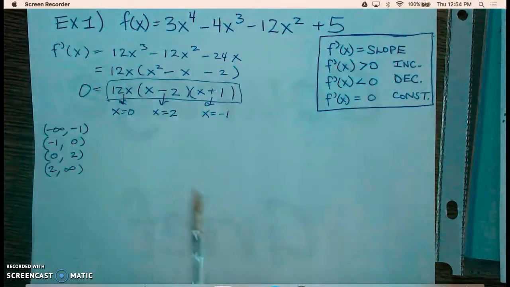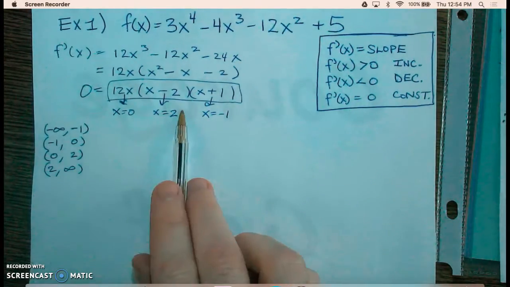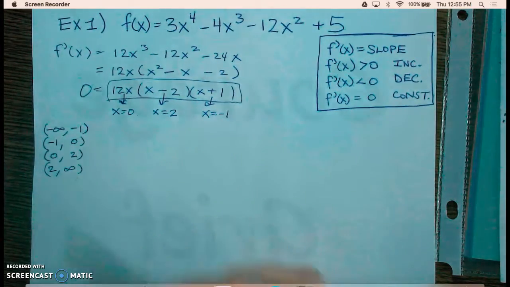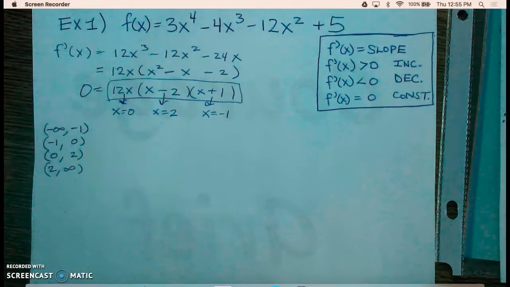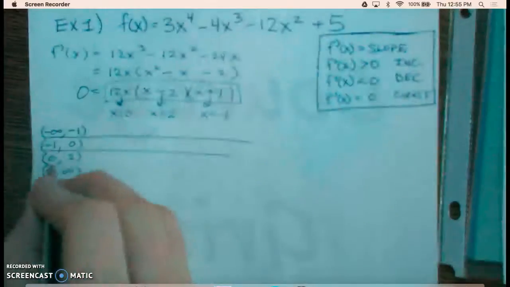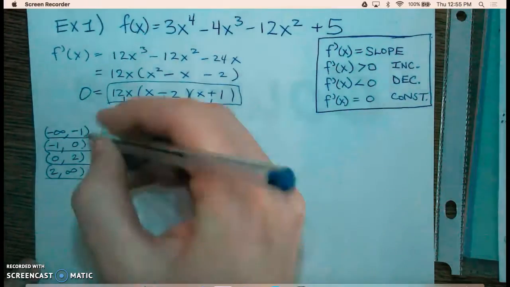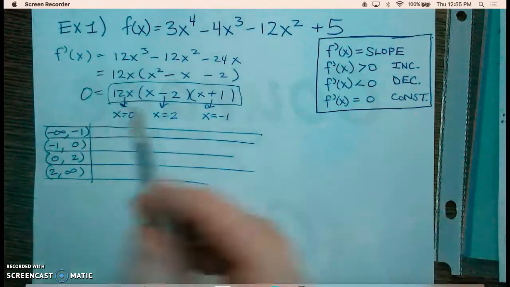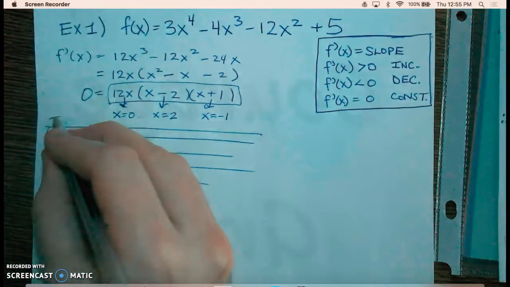So something happens at -1, 0, and 2. And so those are our critical numbers. And then we make intervals out of them. So there's 4 intervals. And so we're going to make a table. And so these are my intervals.